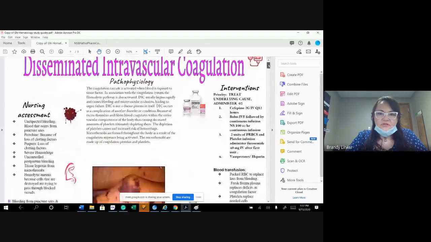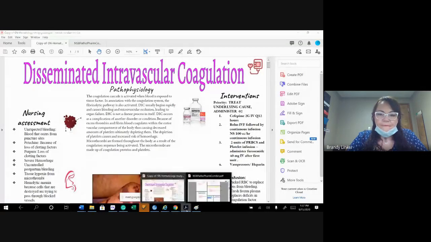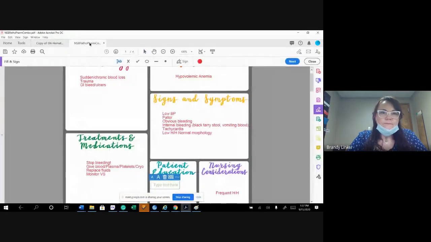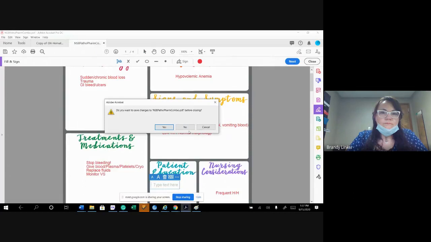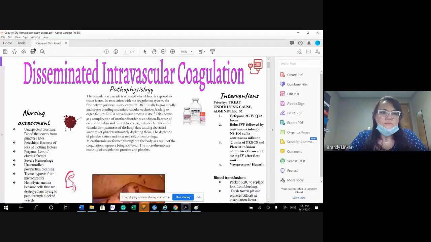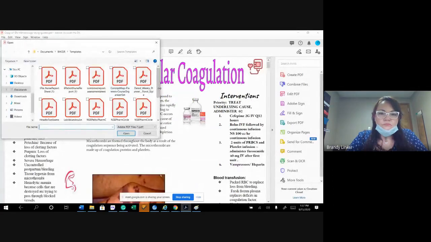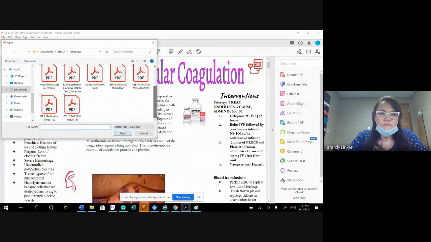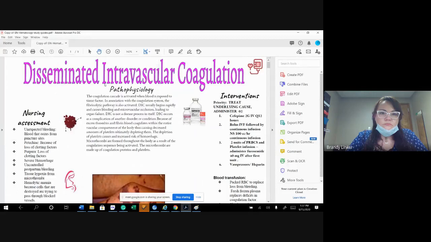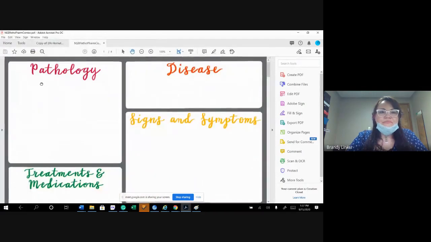I do not have a sheet on iron deficiency. Oh well, we'll make one. Okay.